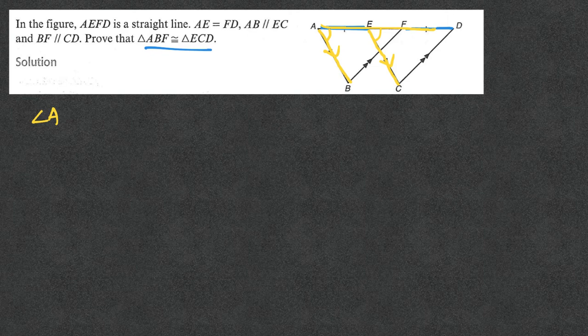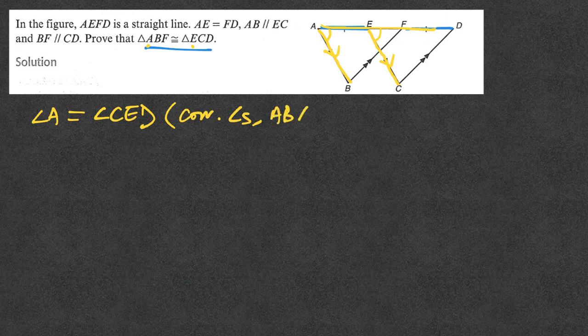For angle E we have to write very precisely, calling it CED, and we've matched the first letters A and E. So this one is not given, but we say this is corresponding angles, AB parallel to CE.